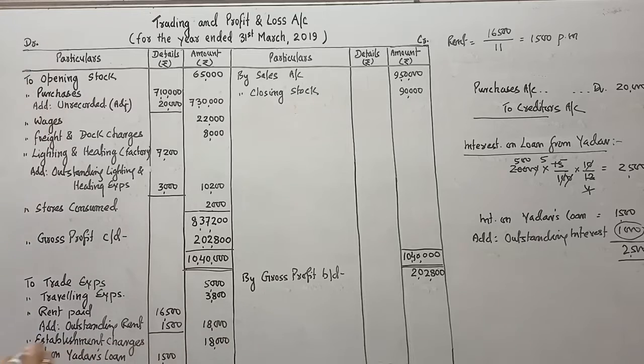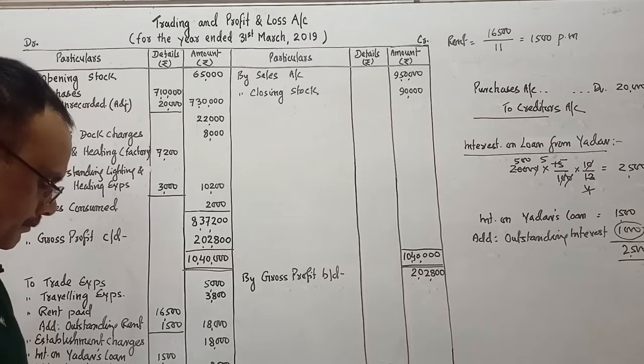It means 1,000 is outstanding interest. So add the outstanding interest, 1,000. In the outer column you write 2,500.